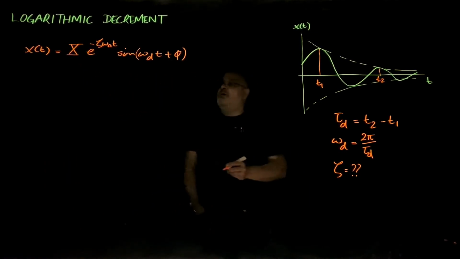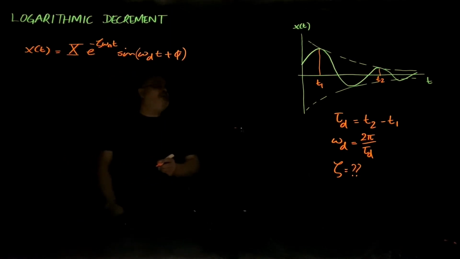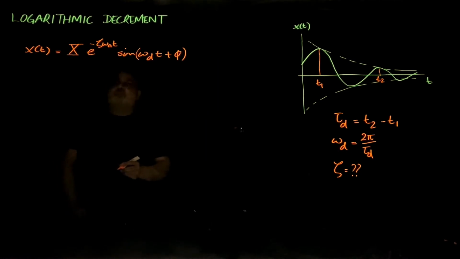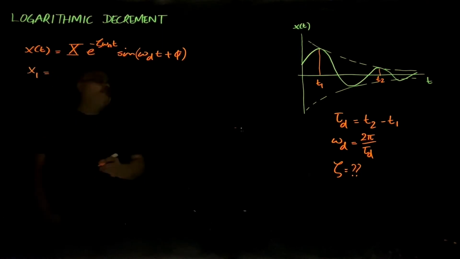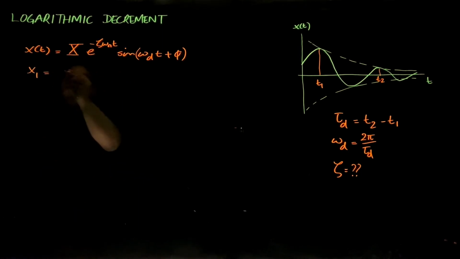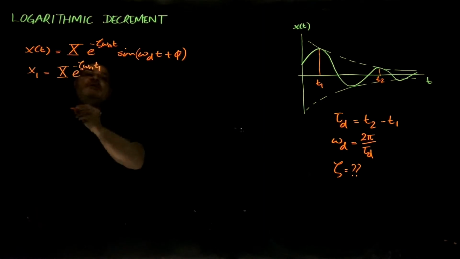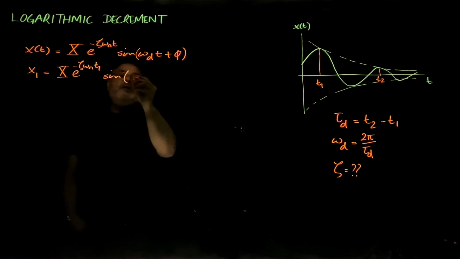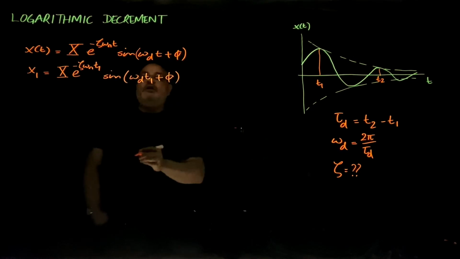So now if I find the amplitude at T1, x1 at time T1 will be X e to the power negative zeta omega n T1 sine omega d T1 plus phi.